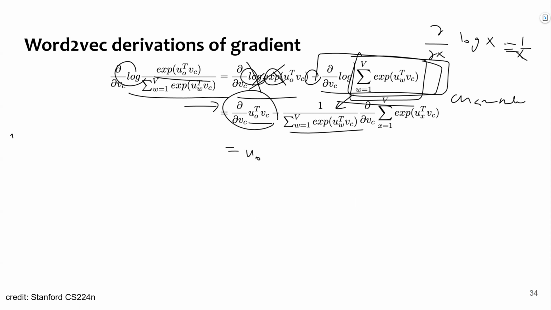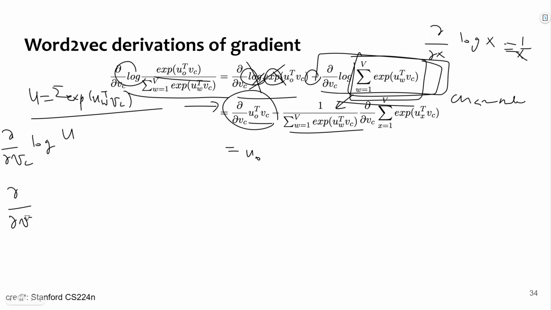So this is u. And we cannot derive this one directly. So what we're going to do is take log u, and then we're going to multiply this one, okay?